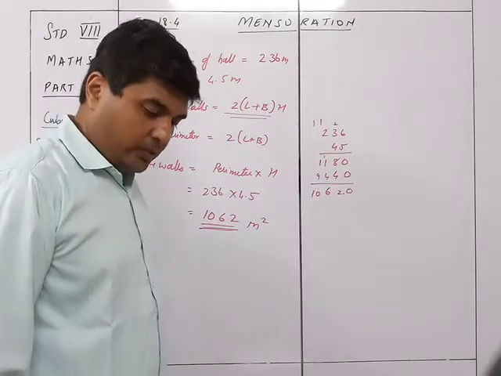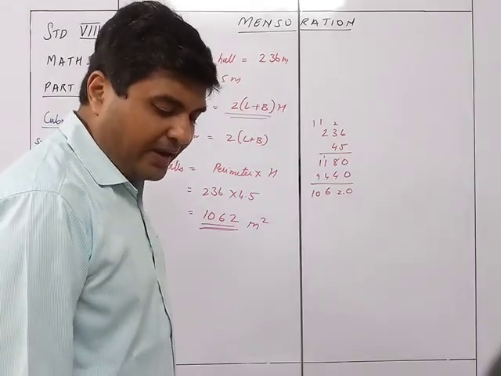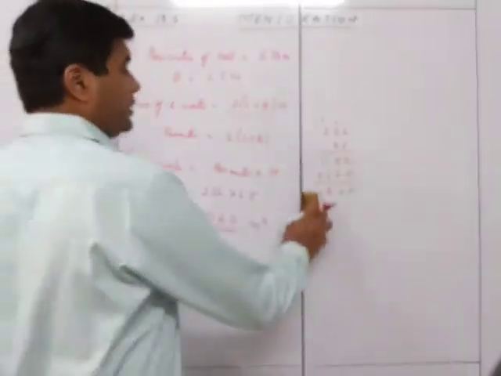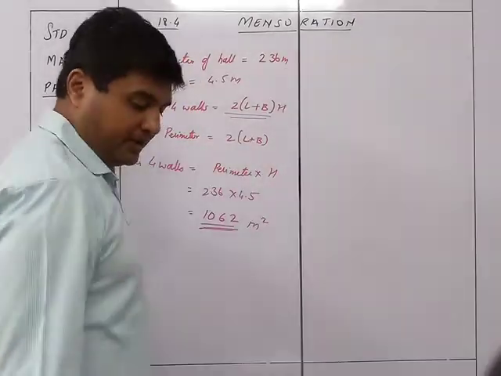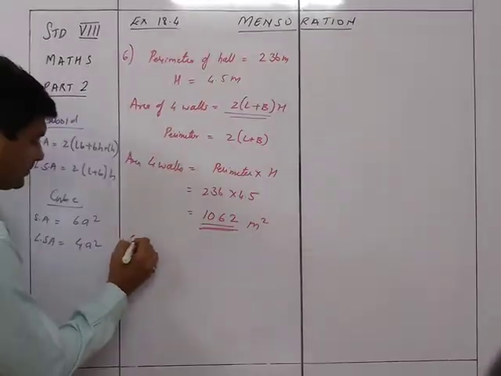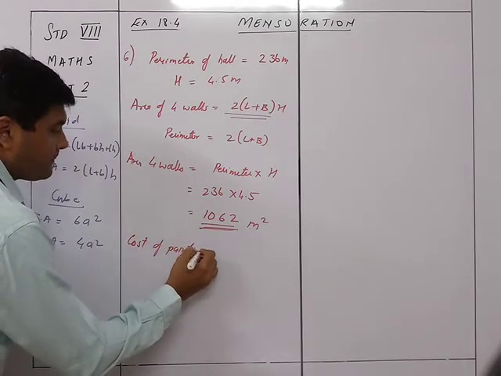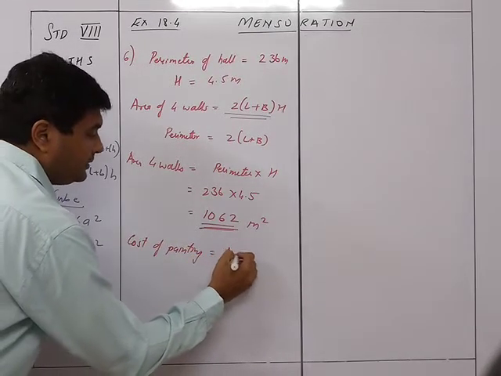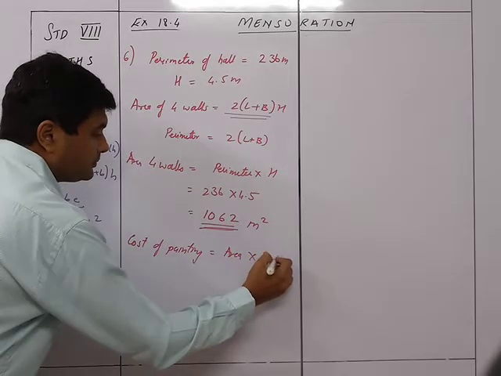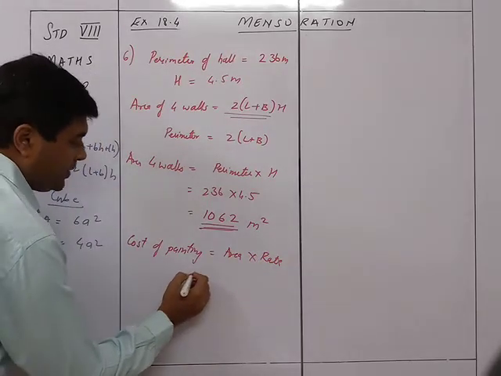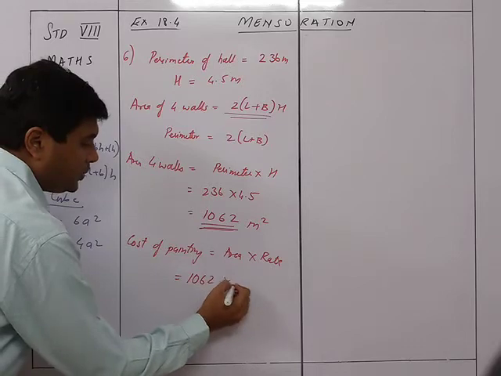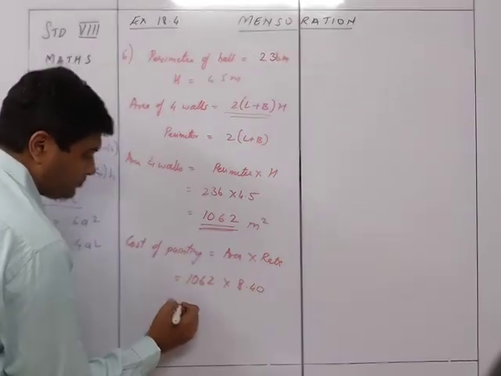So next, they have given us that you are going to paint it at the rate of 8.4 per square meter. So therefore cost of painting is equal to area into rate. So that will be 1062 into 8.40.